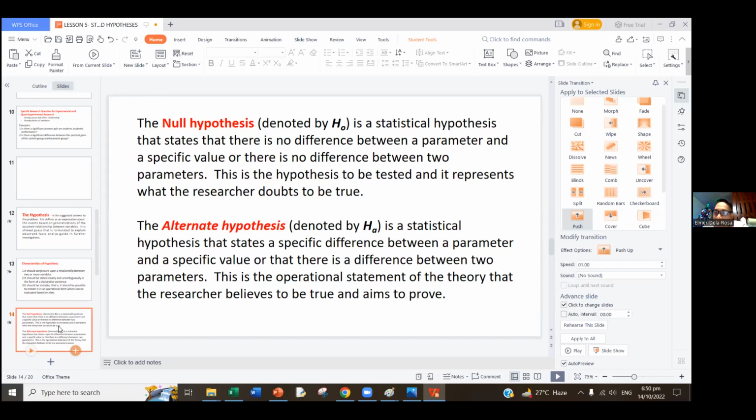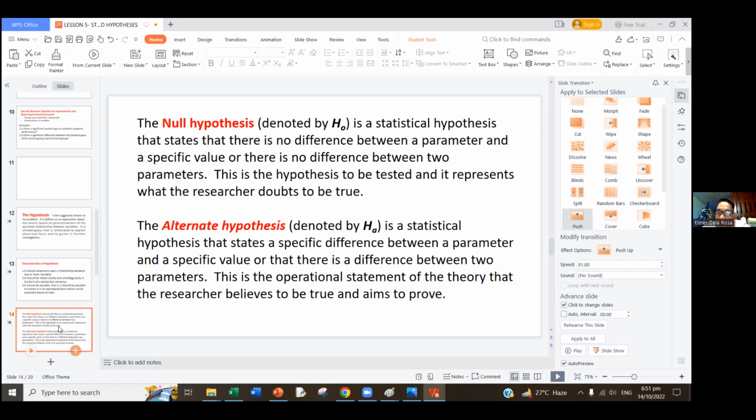Pero hindi na natin i-discuss dito yung mga type 1, type 2 error in hypothesis kasi magmumukha na tayong statistics class. So yung pagkakaiba niyan, further, sa susunod na semester natin na aralin. Ano yung type 1 error, ano yung type 2 error, ano yung level of significance. But in as far as hypothesis and research is concerned, ito ang ibig sabihin ng null hypothesis.